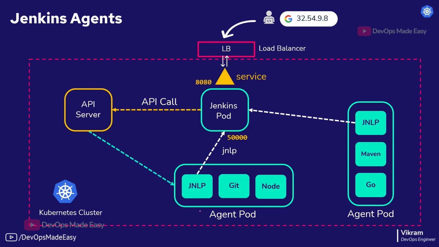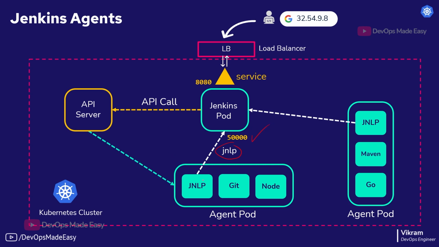The template of this pod will be decided by the user, like how many containers it should have, etc. Here I have two different containers like Git and Node, and Kubernetes will automatically add... not Kubernetes, it's basically Jenkins. Jenkins is going to add an extra container so that this container will be able to talk to the master pod over JNLP, that is, port 50000.